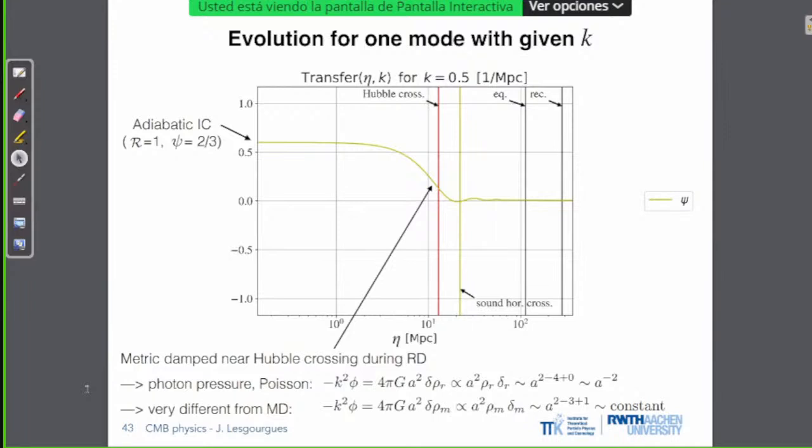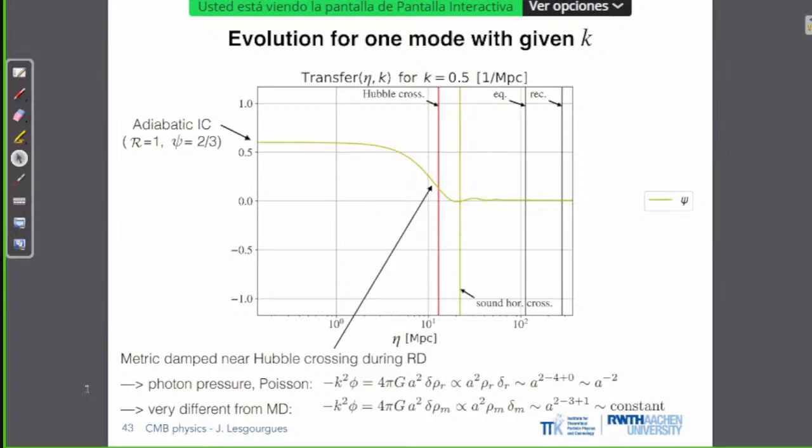The other situation in which phi will not decay is when there is gravitational clustering, because gravitational clustering wants, on the contrary, to create more density contrast and so deepen potential wells. During radiation domination, when you enter the Hubble radius, gravitational clustering is not important, because the dominant fluid in the universe has pressure.